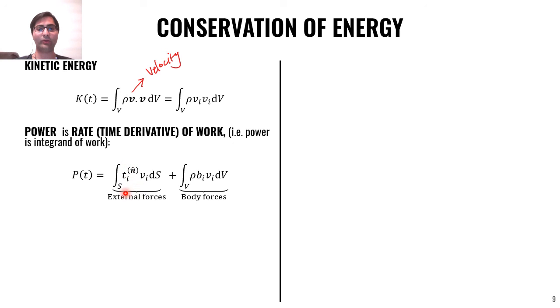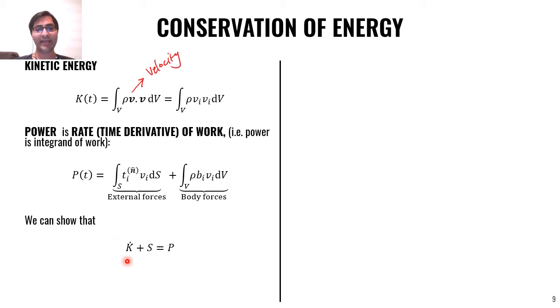We already know that the external forces are traction multiplied by the differential area, and to get the power we multiply it by the velocity vi, so it's the surface integral of ti vi ds over s. And for body forces, the forces are rho bi dv multiplied by the velocity. The local velocity gives us the power associated with those body forces. So it is the volume integral of rho bi vi dv over v.